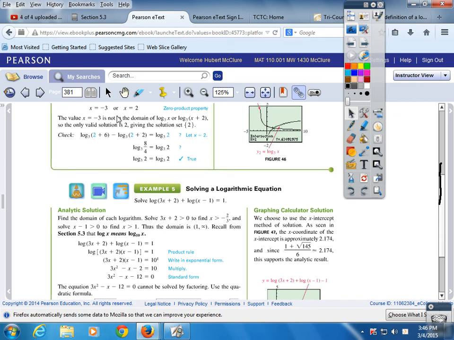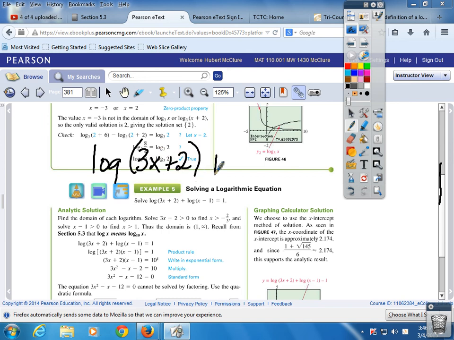Now take a look at this one. This one don't have a log on the other side. So this one is log of 3x plus 2 plus the log of x minus 1 equals 1.